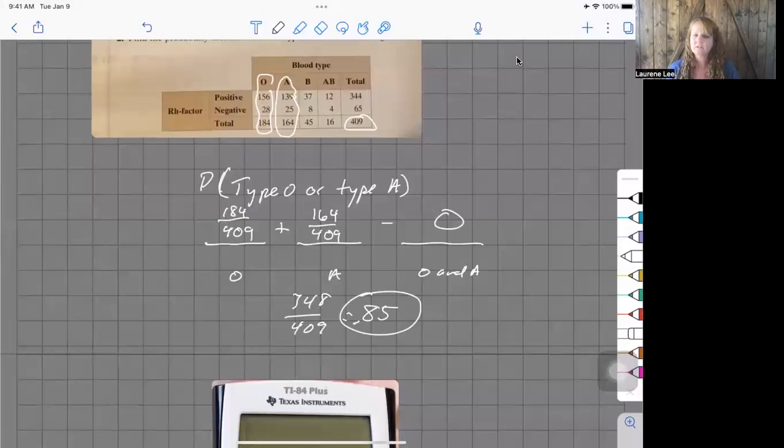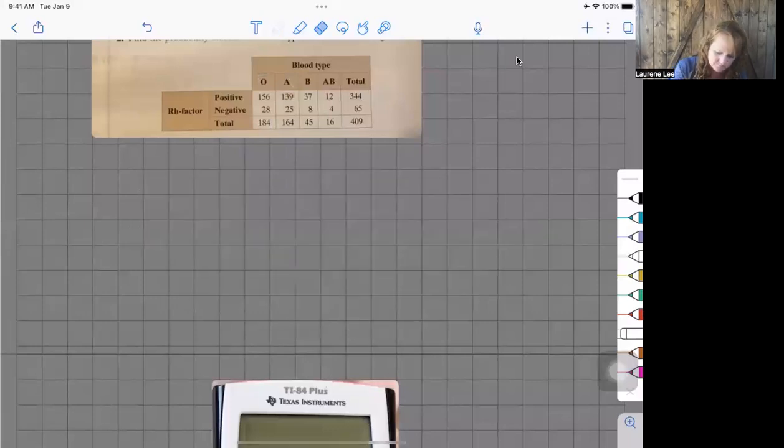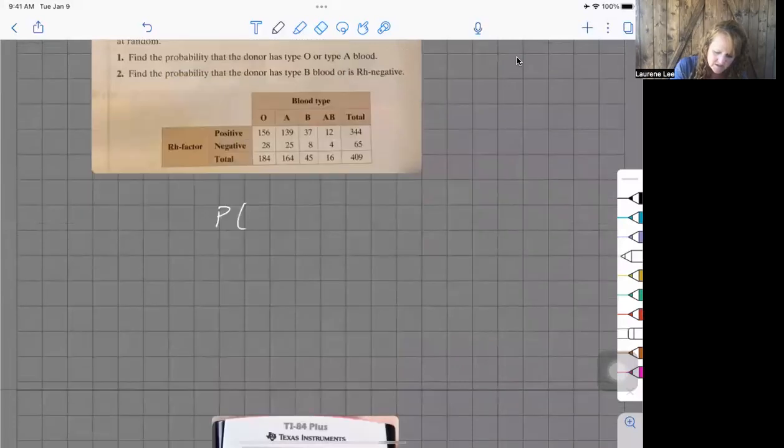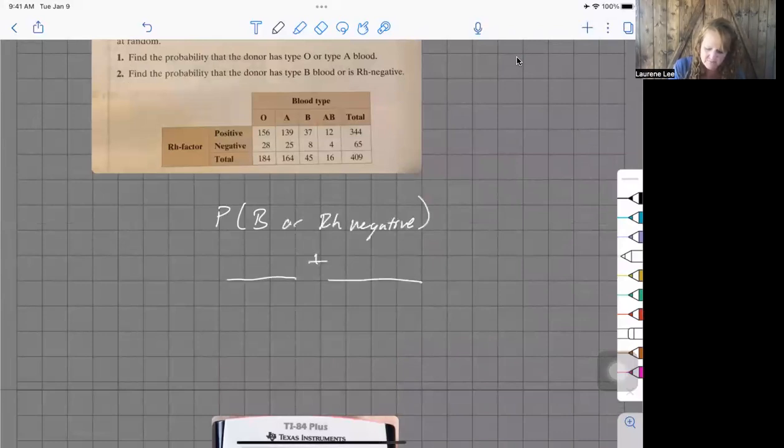Okay. Now let's look at something that's not mutually exclusive. So let's take a look at the probability of a donor being type B blood or Rh negative. So same setup, type B plus Rh negative minus both. So type B first, there's 45 type Bs.